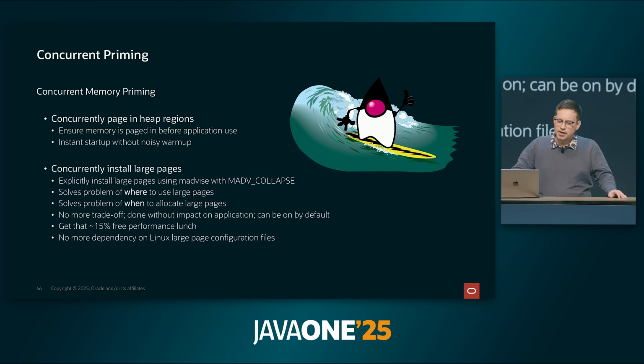And the very interesting thing is that this sort of solves the large page problem as well, because now we can tell the kernel when and where to apply large pages. Why? Well, we know that we want large pages in the heap, and this concurrent thread is pointing out where that heap is.